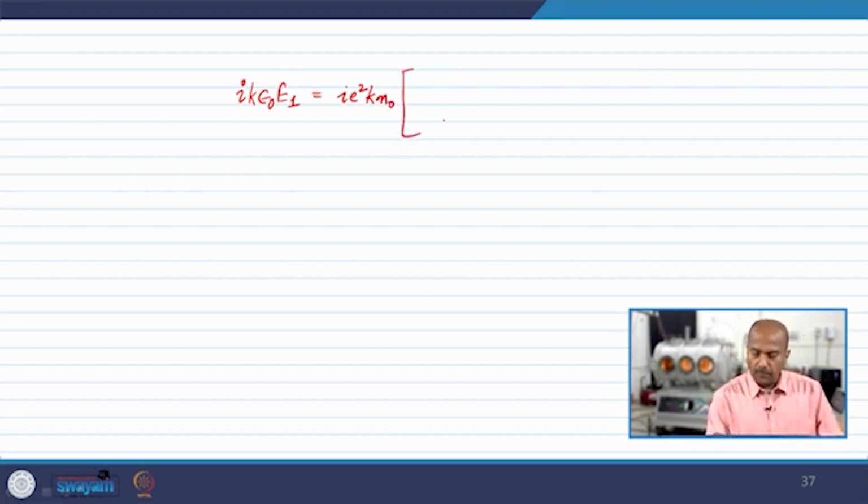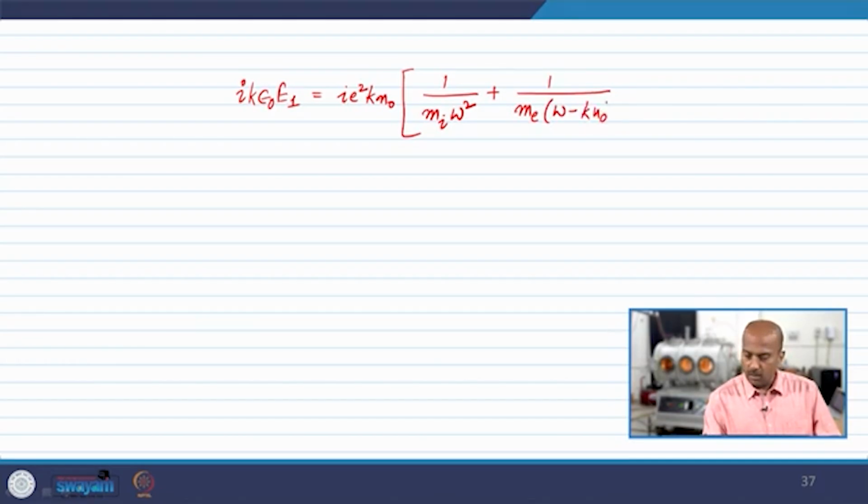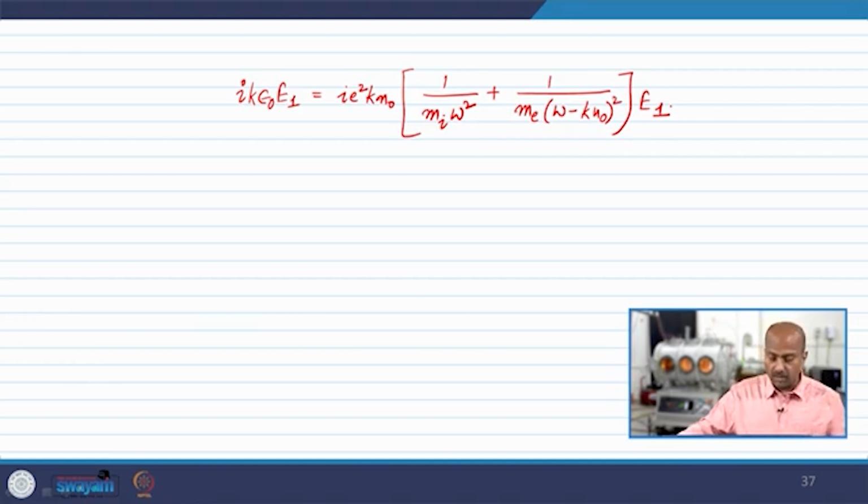We have i k epsilon naught E1 is i e square k n naught times 1 by m_i omega square plus 1 by m_e (omega minus k u naught) whole square, times E1. Okay. So, this is the Poisson equation that you have. Now, E1 will of course get cancelled.